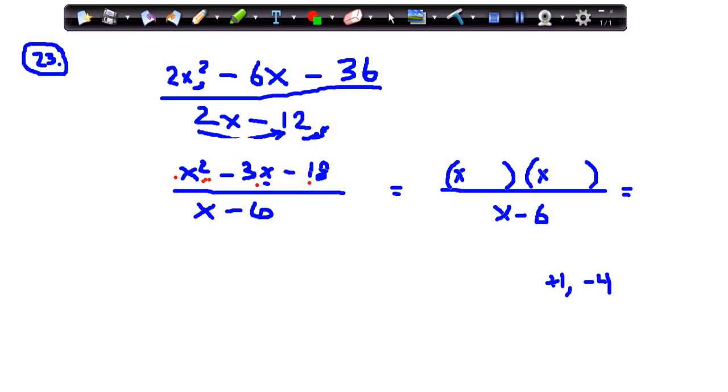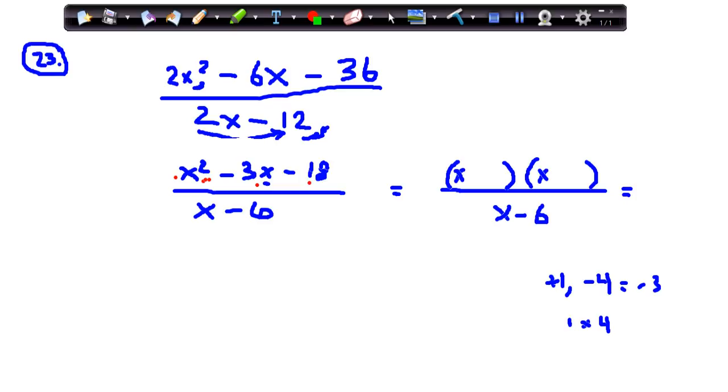But when I go 1 times 4, does it equal a negative 18? No, it does not. So those two numbers will not fit. A plus 1 and negative 4 will not fit, because when we add them together, yes, it gives me a negative 3, but when I multiply, it does not give me the last term, which is a negative 18.